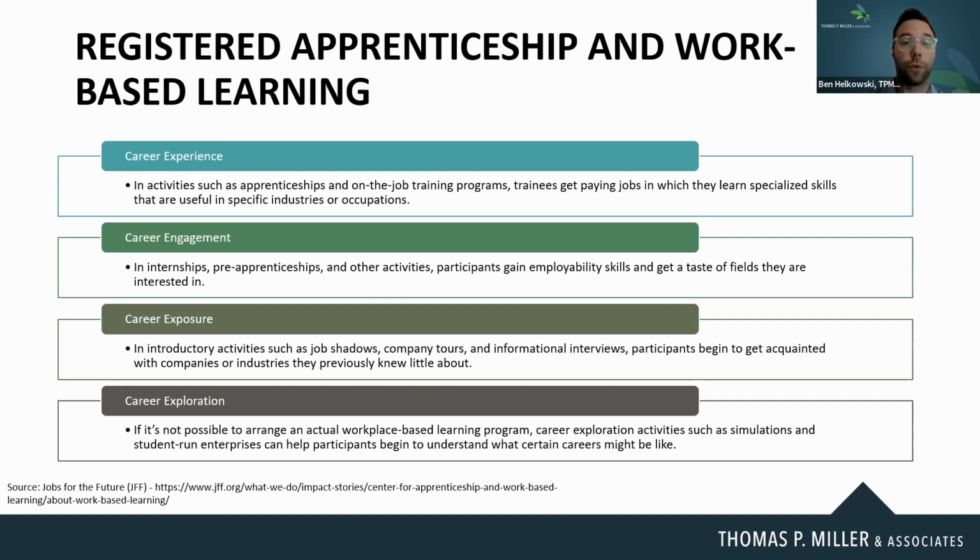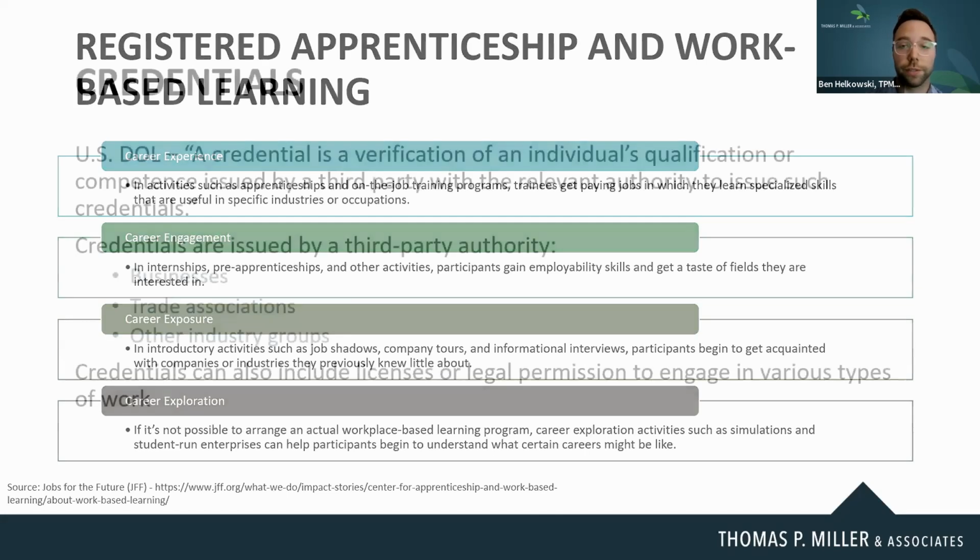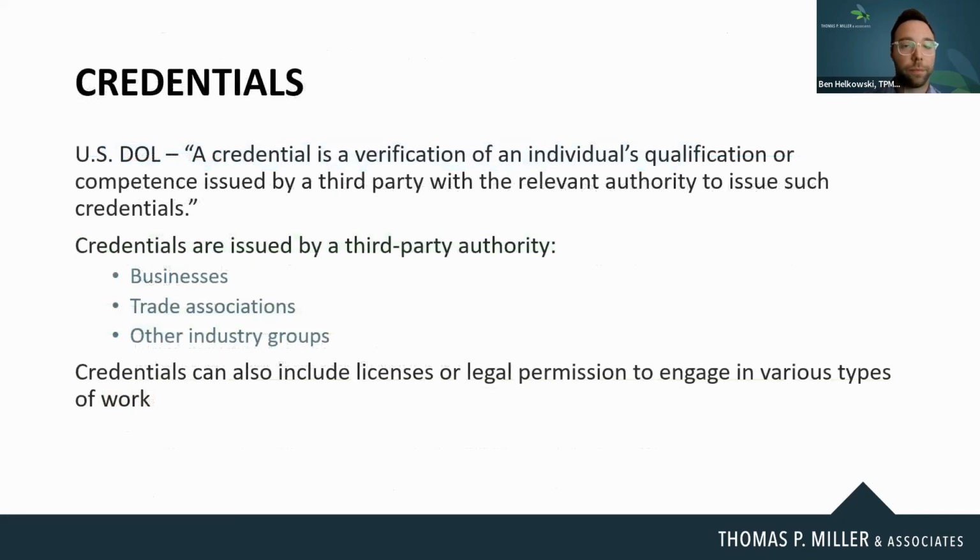So as you can tell, work-based learning has a lot of components, and another component of work-based learning is credentials. The U.S. Department of Labor defines a credential as a verification of an individual's qualification or competence issued by a third party with a relevant authority to issue such credentials.